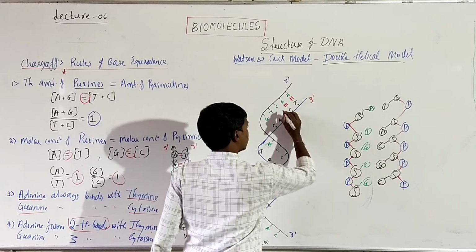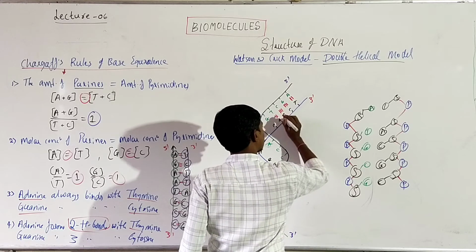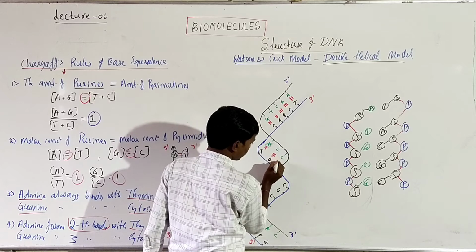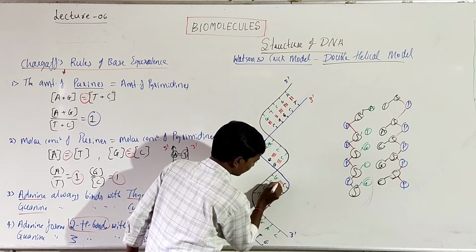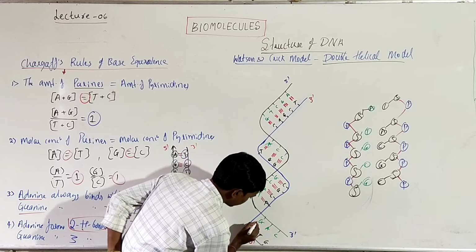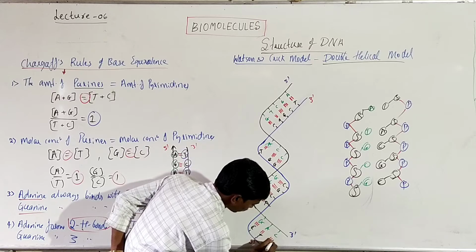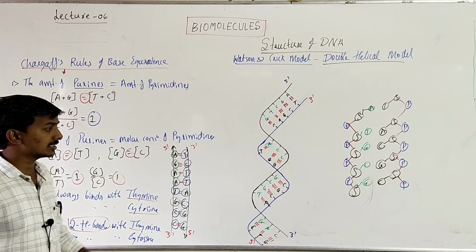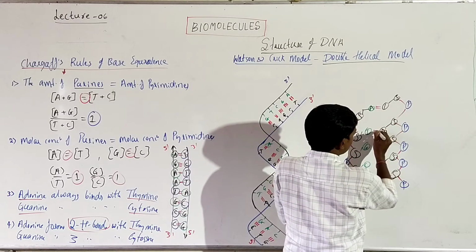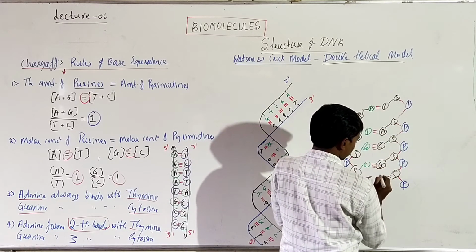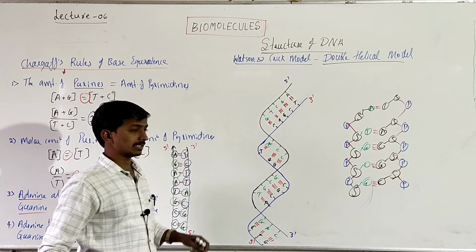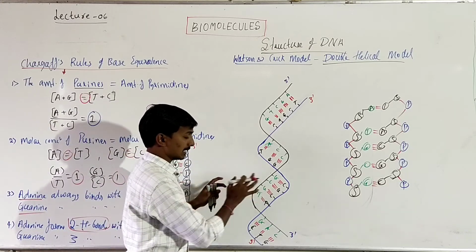Okay, so similarly cytosine, guanine 3, thymine, adenine 2, 3, 2, 3, 3, 3, 3, 2, 2, 3, 2, 3. Right? This is how they are arranged. So imagine here adenine, thymine 2, 2, 3, 3, 3. Okay, this is how the nitrogen bases are arranged.